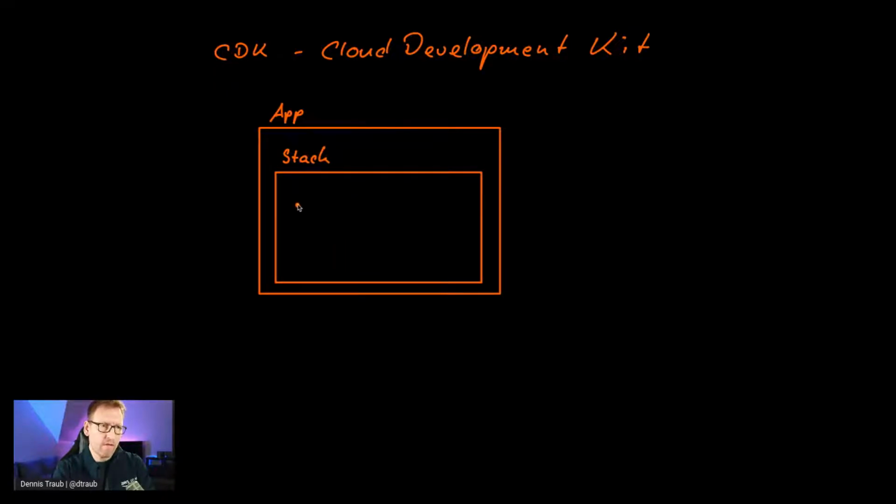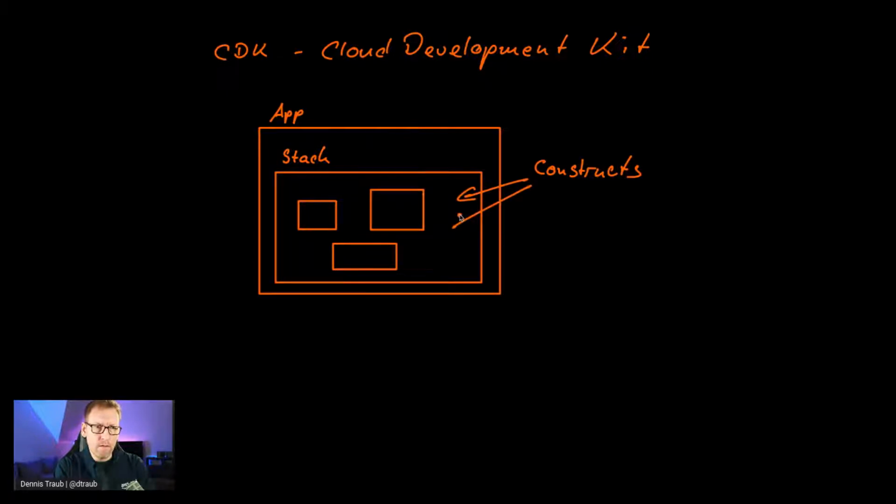And inside of the stack, we're using constructs. And our Lambda functions, our DynamoDB table, our S3 buckets, all of these are constructs. And they exist inside of a stack, and the stack exists inside of the app.